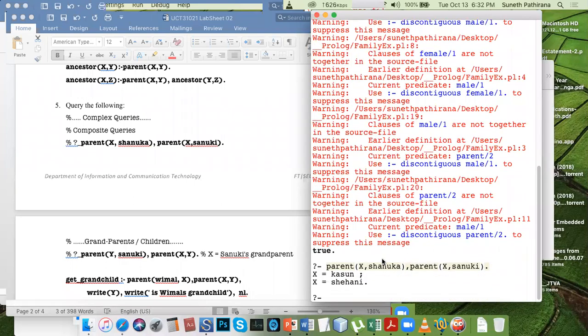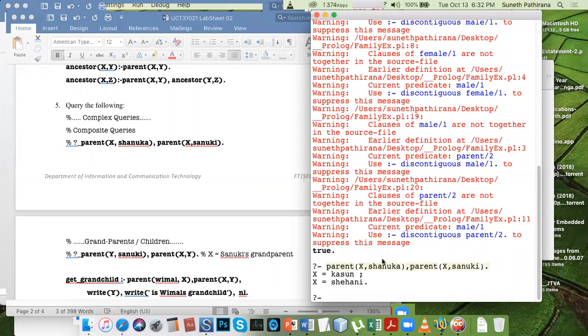Kasun, Shihani. Okay, what is the other literal meaning of this question? That means whether Sanuka and Sanuki are siblings, or whether they are brother and sister. So that is another interpretation of this question.